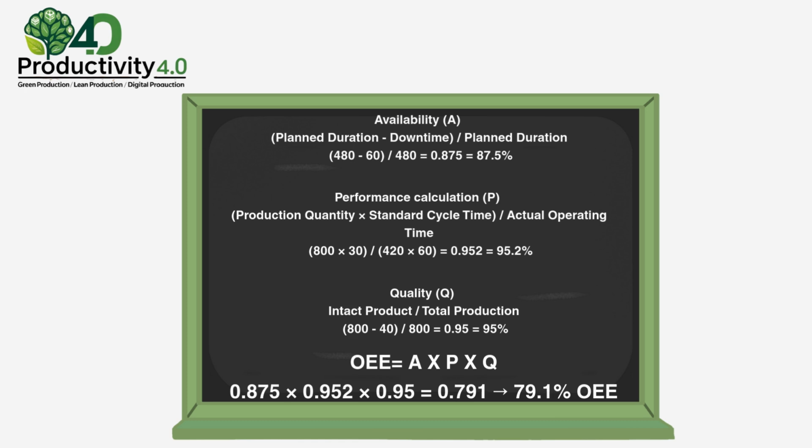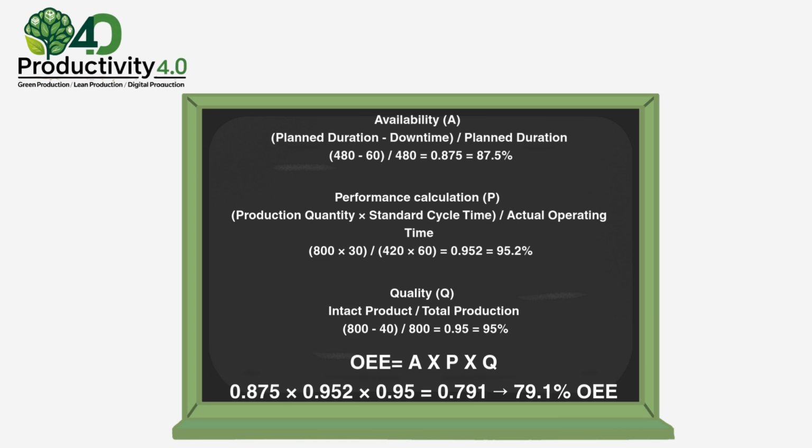Now let's look at the performance rate. The target cycle time is 30 seconds, meaning 2 units per minute. A total of 800 units were produced, but 40 were defective. So, there are 760 intact products. To calculate performance, we multiply the production quantity by the standard cycle time and divide it by the actual operating time.